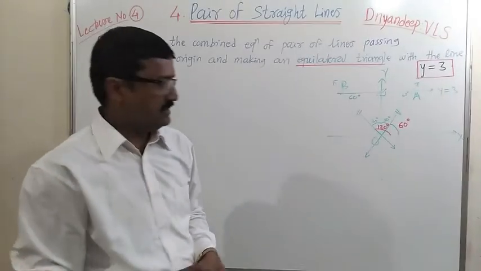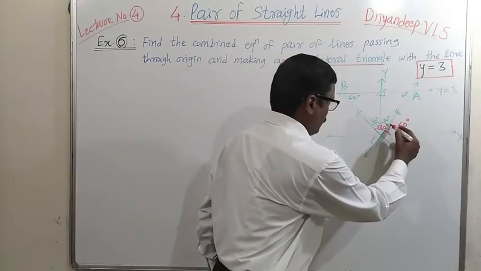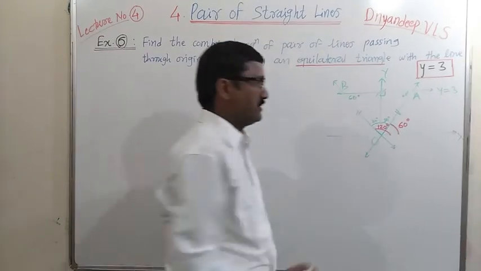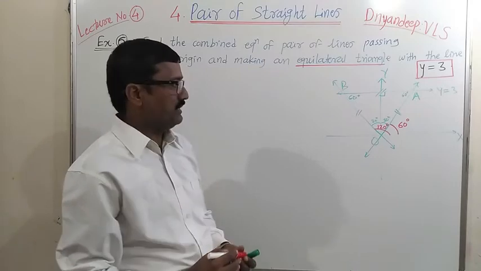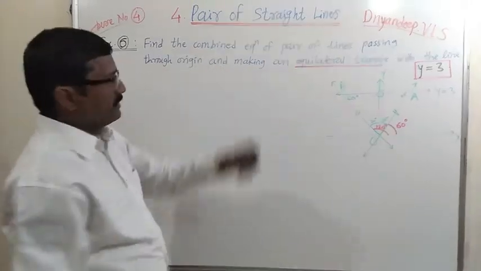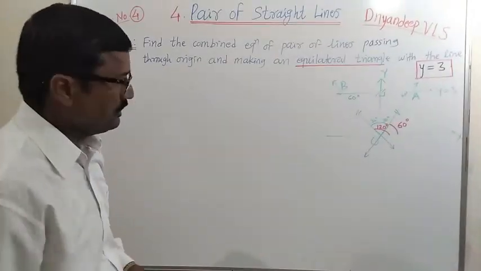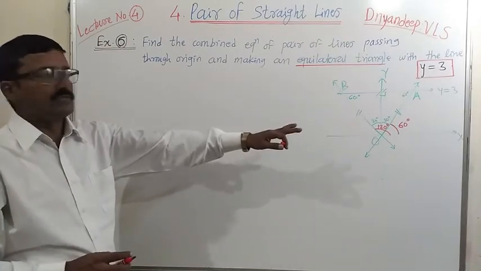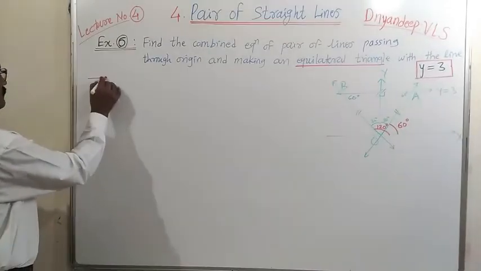So there are two lines. One has inclination 60 degrees, another has inclination 120, and we have to find their combined equation. Okay, is it clear from the figure? Now let us write the solution.